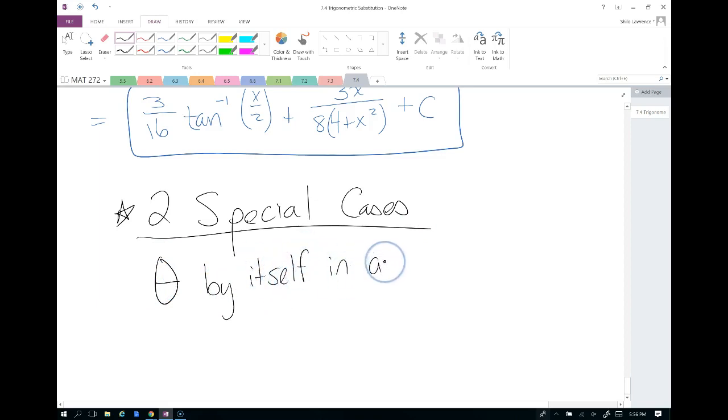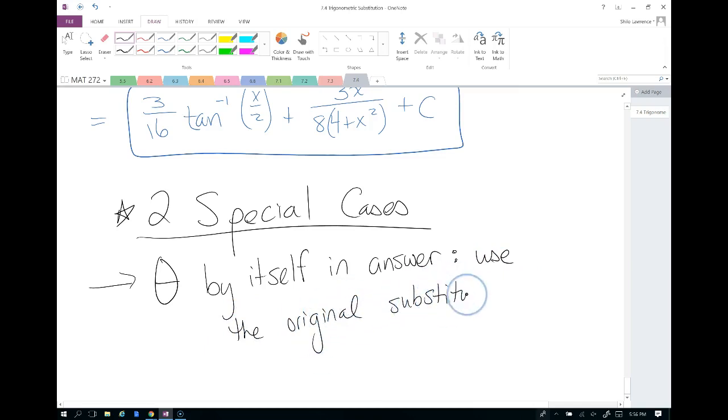And we saw in the last 2 examples that we're going to end up using inverse trig to fix that. We're going to use the original substitution to solve for theta, and it will always end up being inverse trigonometry.